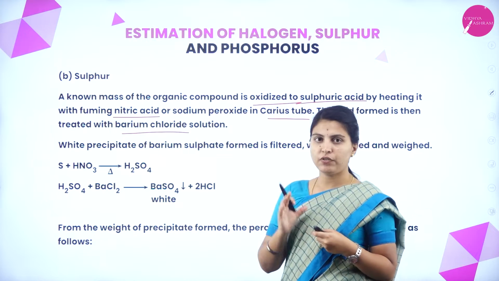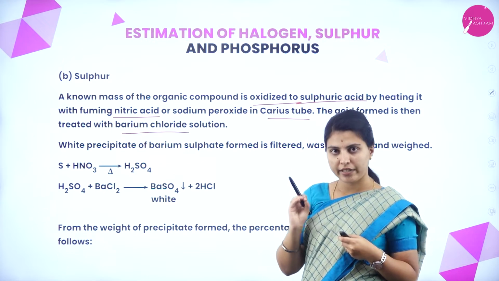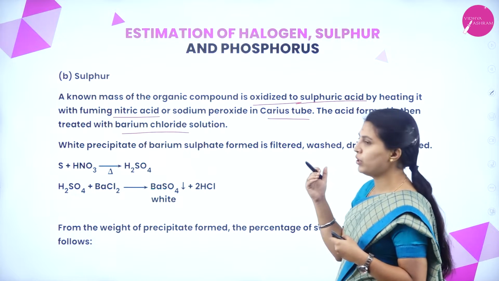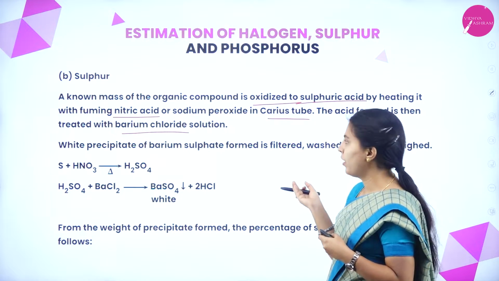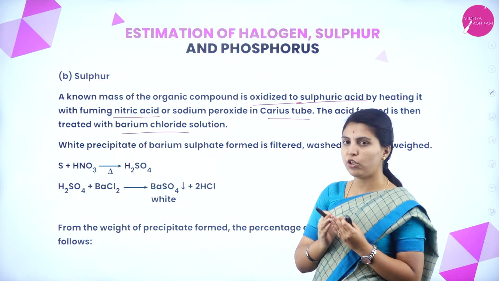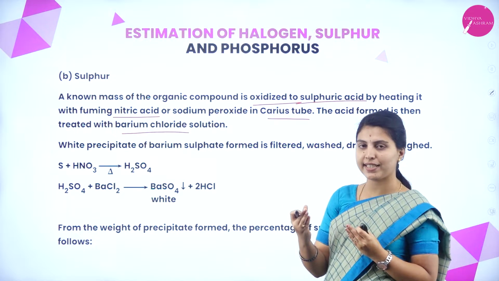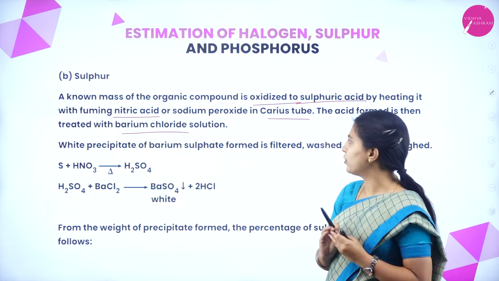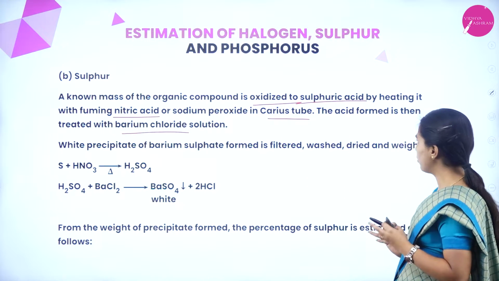Here a known mass of organic compound is taken in the Carius tube and it has been oxidized to sulfuric acid by using nitric acid. The organic compound should be oxidized to sulfuric acid. For that, nitric acid should be used or sodium peroxide can also be used.